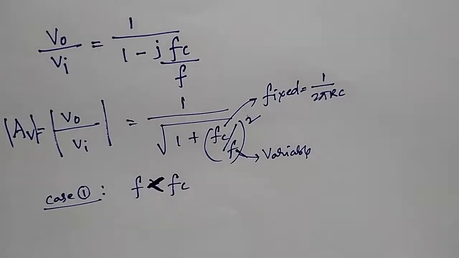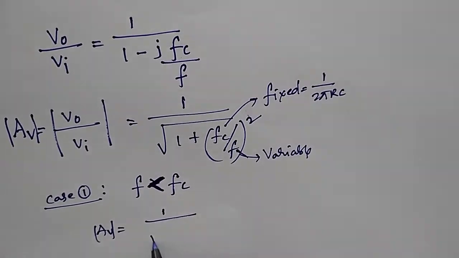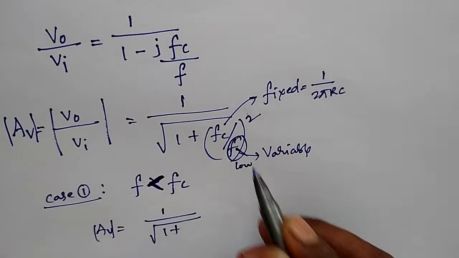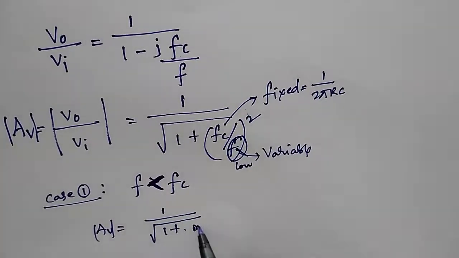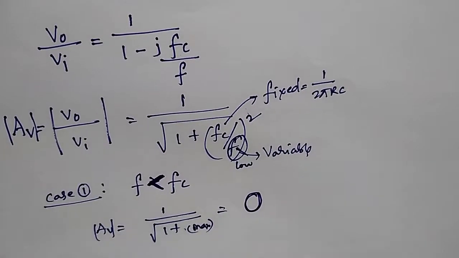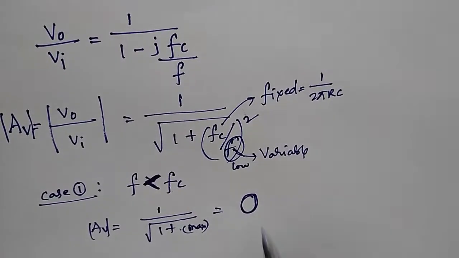That value is minimum. So simply the voltage gain AV is equal to 1 by root of 1 plus this value, which is large. Large value indicates that maximum by minimum is maximum, maximum plus 1 you will get maximum. So simply you are getting the value 0. We don't get some finite value here.